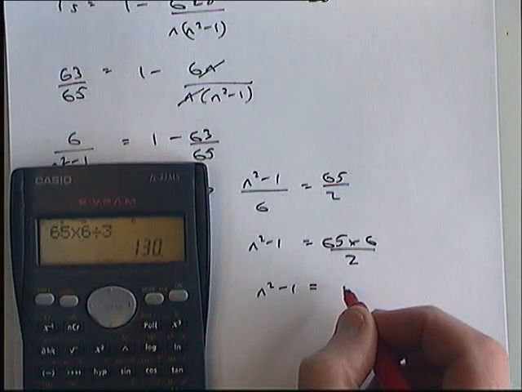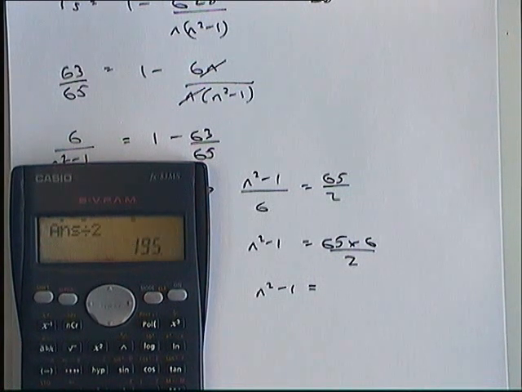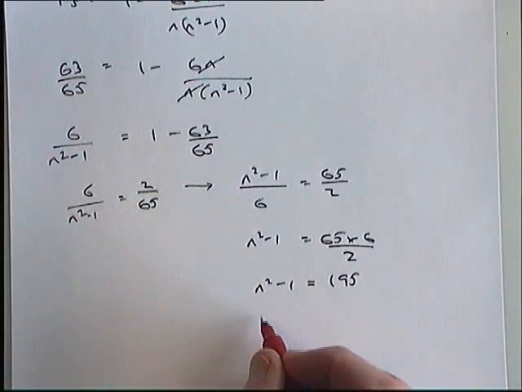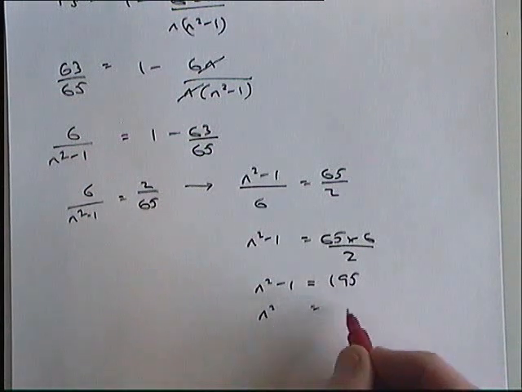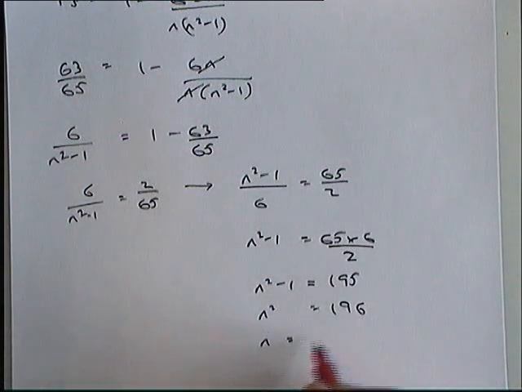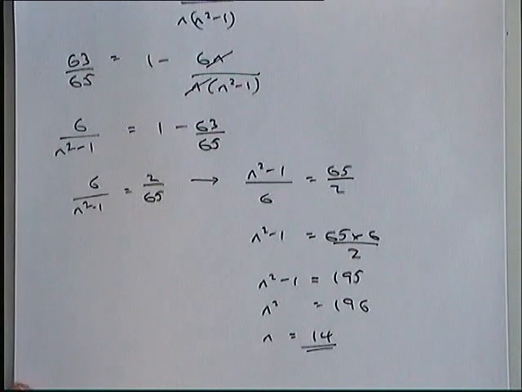Let me just check I've got that right. 65 times 6 divided by 2, so 195. Yeah, 195. So n squared, well, I need to move that minus 1 the other side, it becomes a plus 1. It's 196, and square root that to get n, and you get n is 14. So we now know the value of n, it's 14. There were 14 competitors that were being judged.